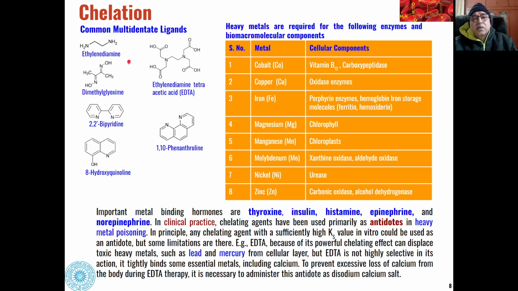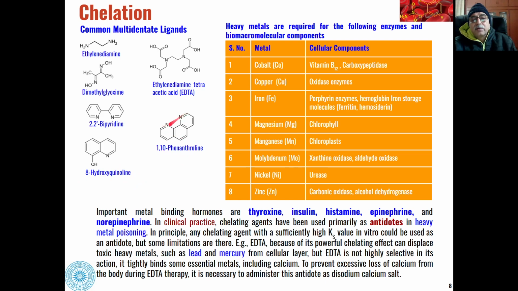Then the commonly used multidentate ligands, they are ethylene diamine. Here you can see both these amino groups. Nitrogen will have lone pair of electrons, they can act as ligands, and then dimethyl glycine, nitrogen, oxygen, they can act as coordinating agents. Then bipyridine, these nitrogen, oxygen, nitrogen in case of 8-hydroxyquinoline, 1,10-phenanthroline.